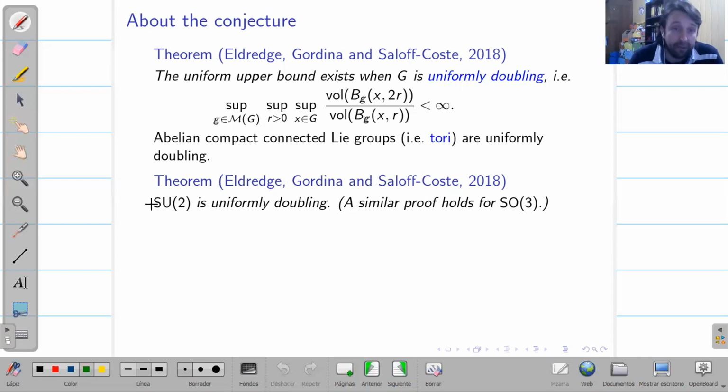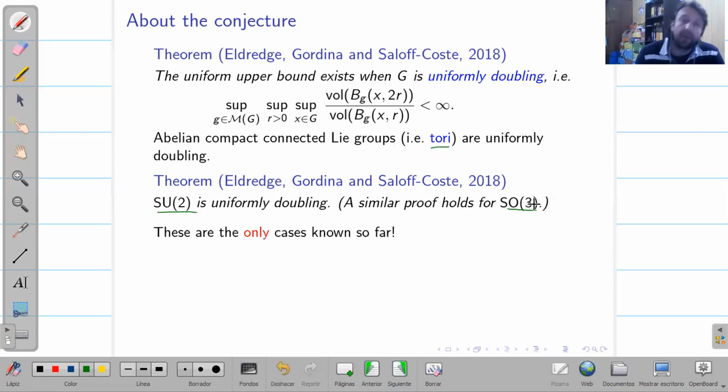These are of course compact groups of dimension 3, the simplest non-commutative compact groups. And these tori, SU(2) and SO(3) are the only cases known so far, the only particular cases where the conjecture holds. Remember, the conjecture is for every compact group G, but these are the only cases known so far.